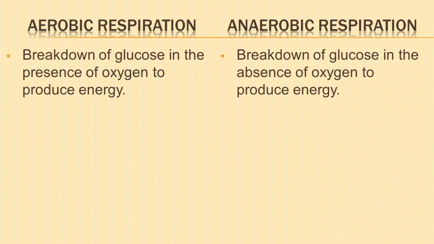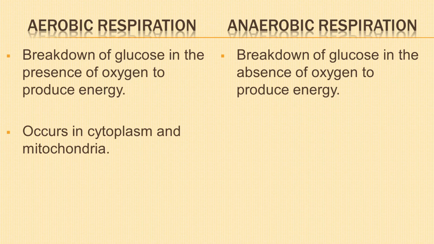The breakdown of glucose in the absence of oxygen to produce energy is known as anaerobic respiration. Aerobic respiration occurs in cytoplasm and mitochondria. Anaerobic respiration occurs only in cytoplasm.